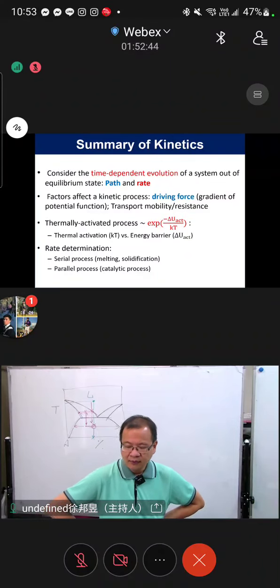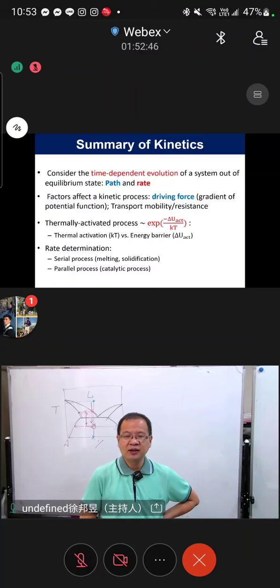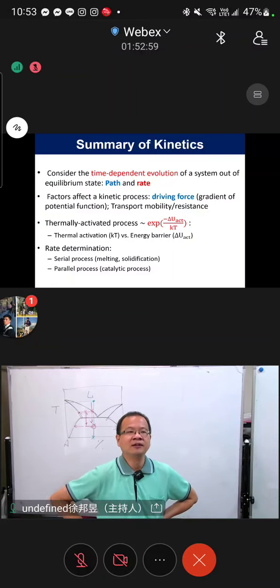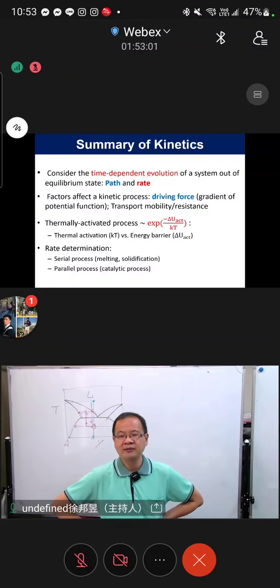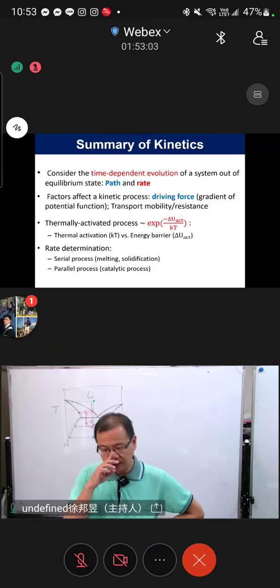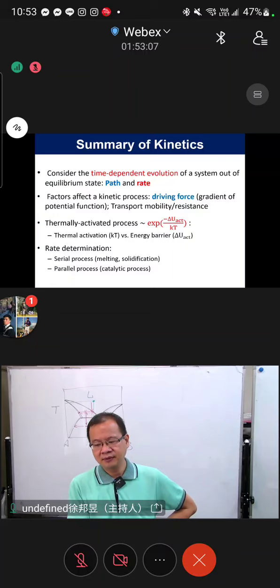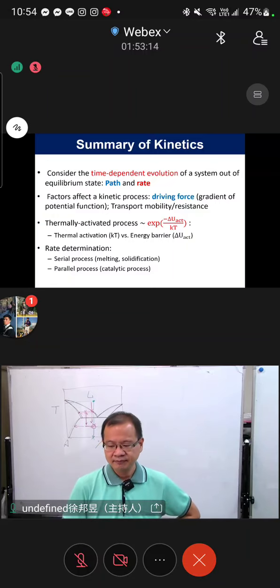And for your kinetic process to happen, first you need to have a driving force. And the driving force is defined by thermodynamics, so I use blue. For example, like energy difference, okay? And then that will drive the atoms moving in your system. Then we can use the energy of the barrier, delta U ACT, to calculate the probability for this kind of diffusion to happen.